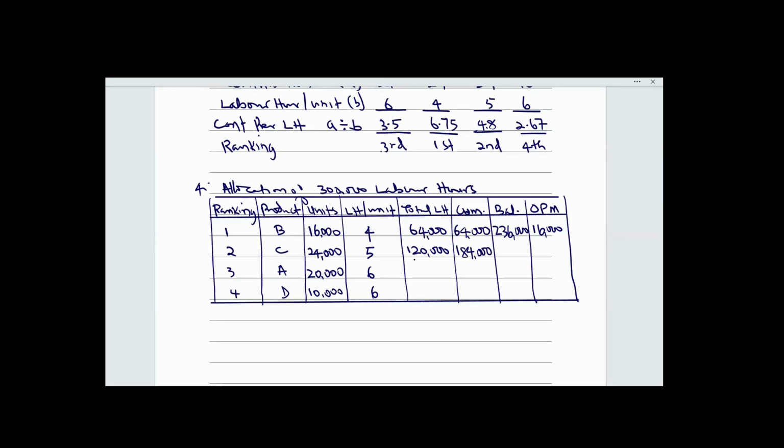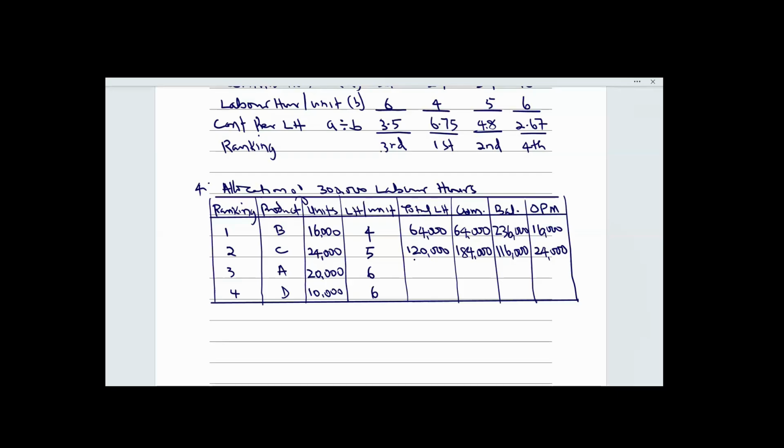To get the balance after allocation to C, 300,000 minus 184,000 gives us 116,000. For product C, again, we don't have a constraint because 120,000 hours is required to produce 24,000 units, and we have allocated 120,000 to product C. That means we are going to produce 24,000. No constraint for C.